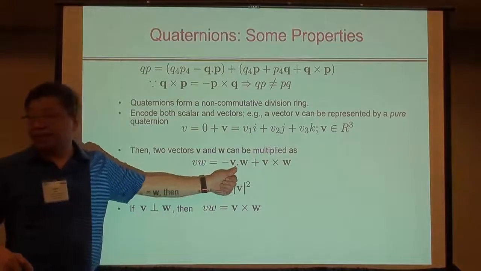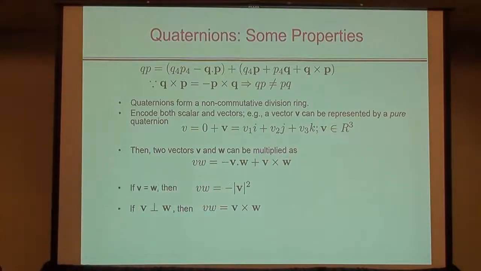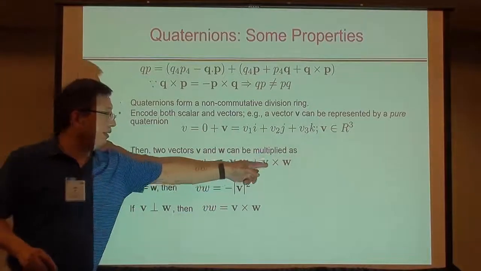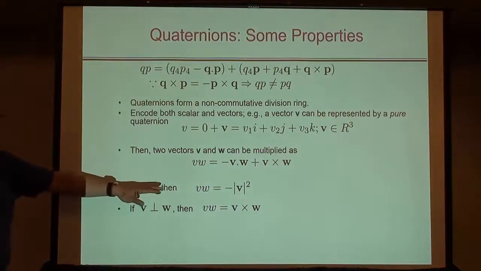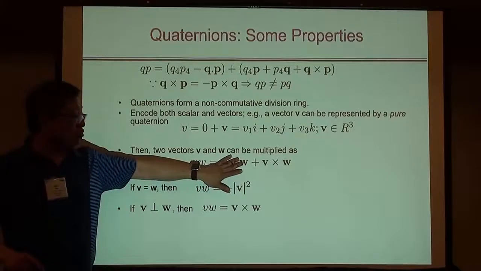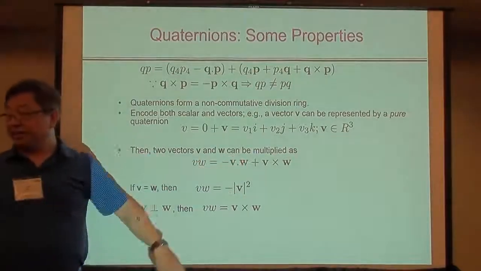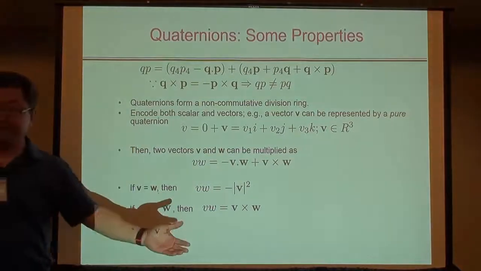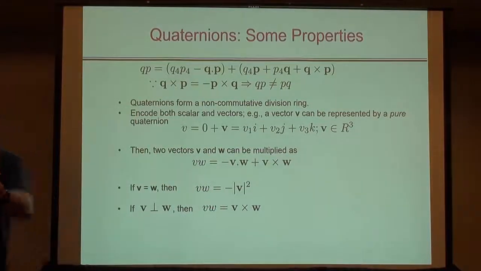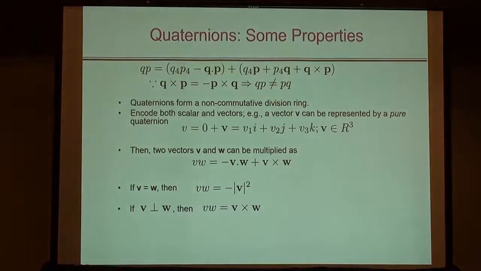The first part is the scalar product, which is a scalar, and this is a cross product. Later on, people dropped this, and that gave rise to vector algebra instead of quaternion algebra. That's what we have on top.